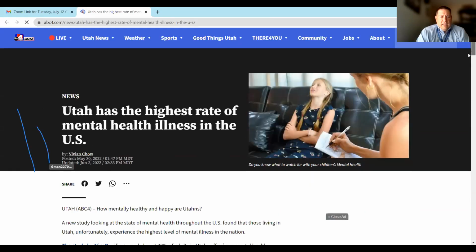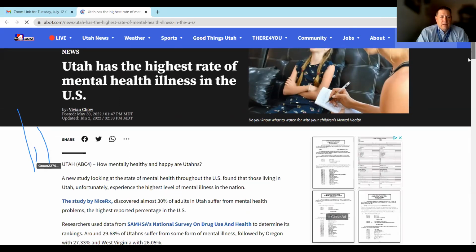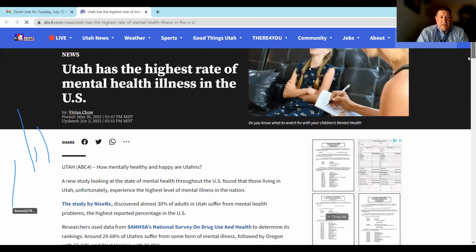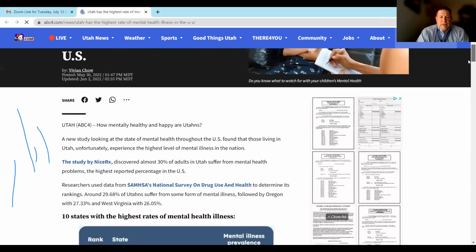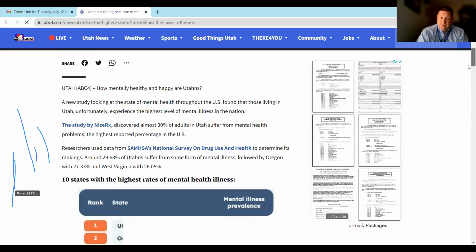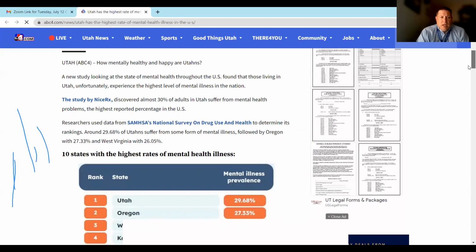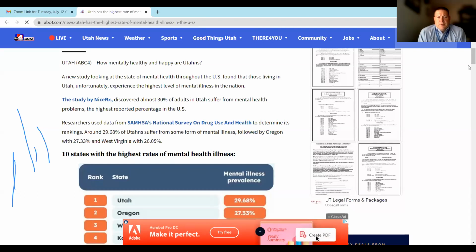So it's probably not going to take you very long to figure out exactly where Utah ranks. But in this particular article, they are referencing mental illness specifically. There was a study put out by NiceRx, which discovered that almost 30% of adults in Utah suffer from mental health problems, which is the highest reported in the United States.